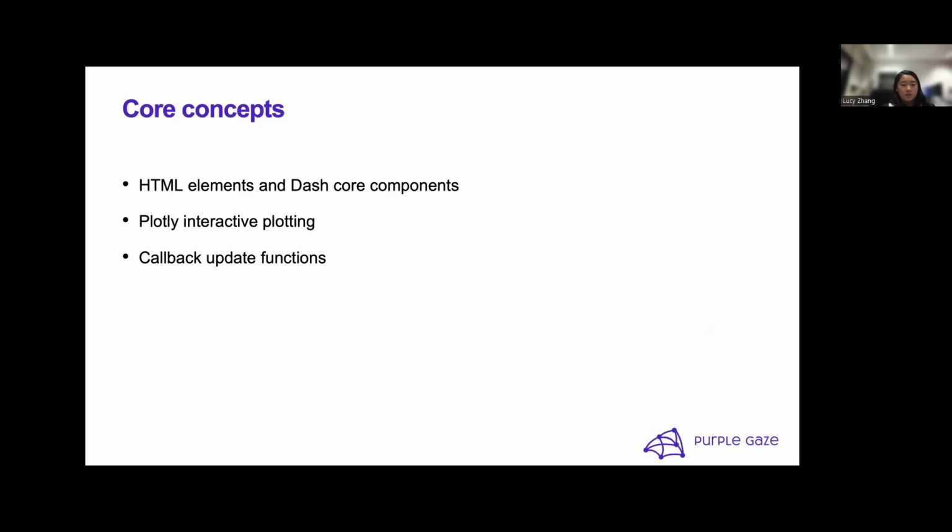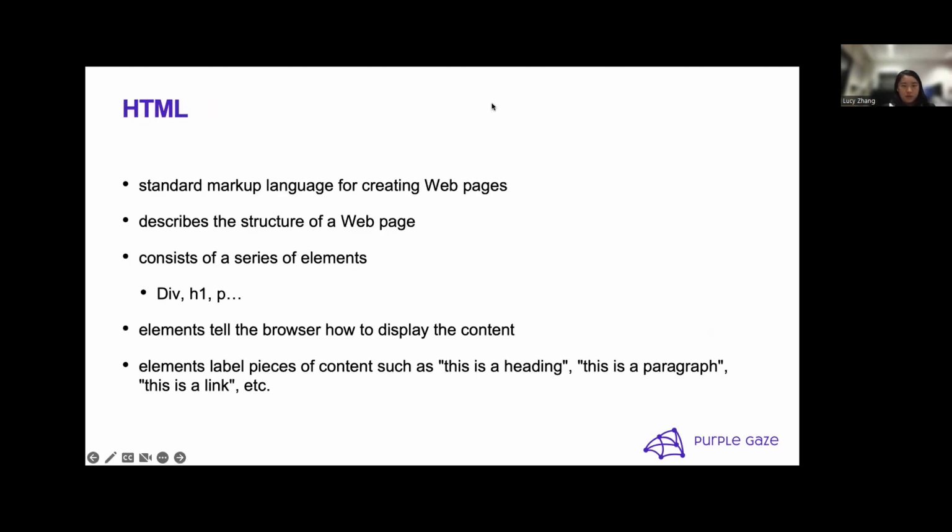And so the first brief introduction, in case you haven't worked with HTML: it's a standard markup language for creating web pages, because Dash is HTML based. It basically describes the structure of a web page and consists of different elements that you can specify.